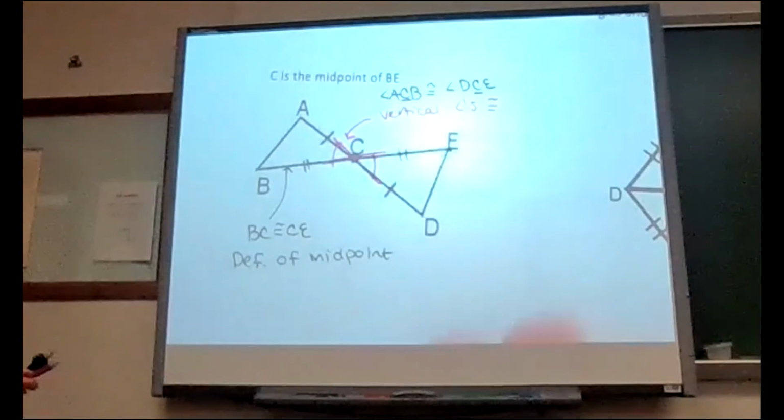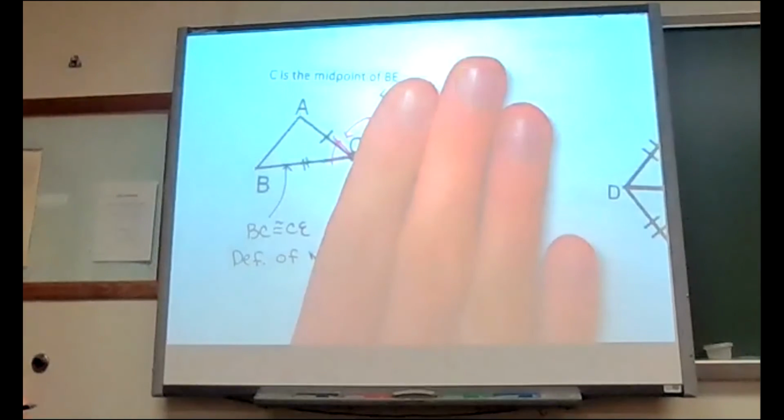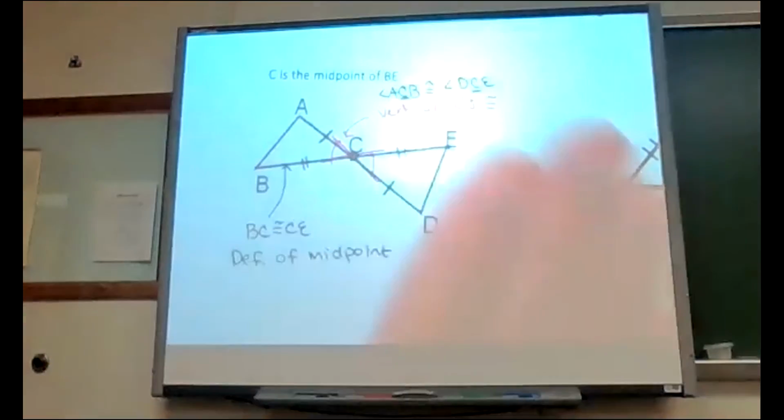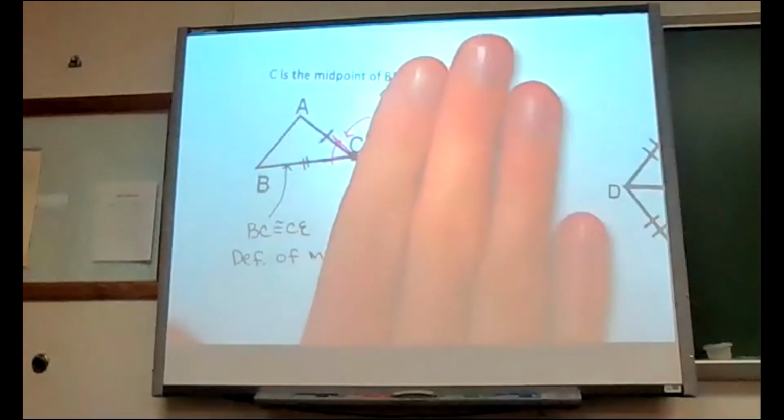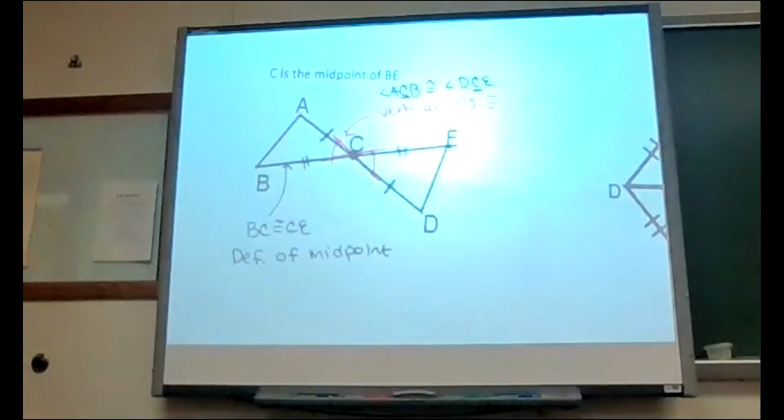So, let me clarify. When I'm deciding which case I have, remember, I'm only looking at one of the two triangles. So what do I have? Side, angle, side. I have a side that matches a side over here, an angle that matches an angle over here, and then another side. So when I decide which one it is, I'm no longer doubling up. These are the pieces that I have matching, which would be side, angle, side.